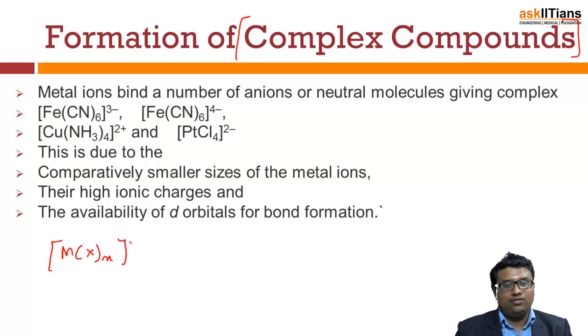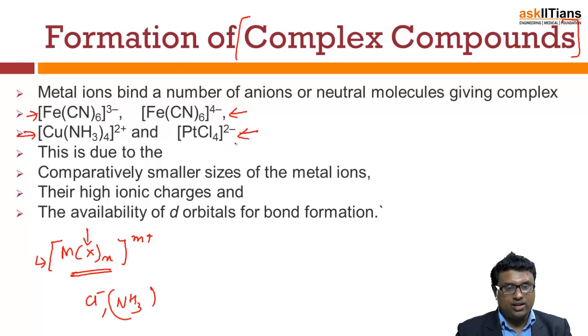This kind of nature is called a complex. So metal ions bind a number of anions or neutral molecules. This X can be an anion like Cl minus or a neutral molecule like NH3. So it gives complexes like this: Fe(CN)6 3 minus, Fe(CN)6 4 minus, Cu(NH3)4 2 plus and PtCl4 2 minus.